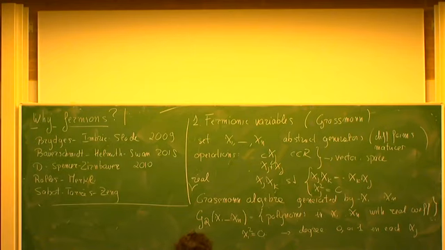So if I now take some element D in this algebra, I can decompose it into a polynomial of degree 0, a polynomial of degree 1, and so on in each variable.